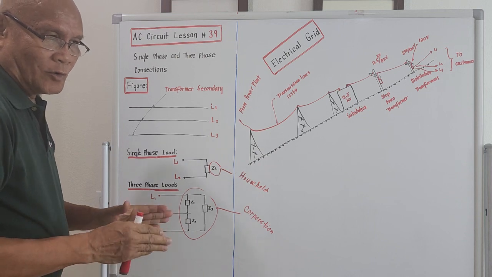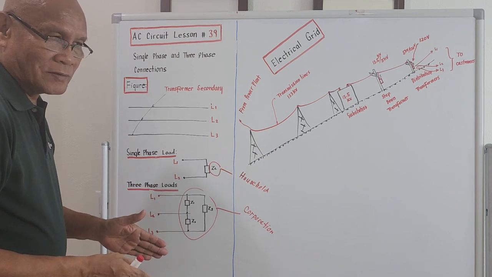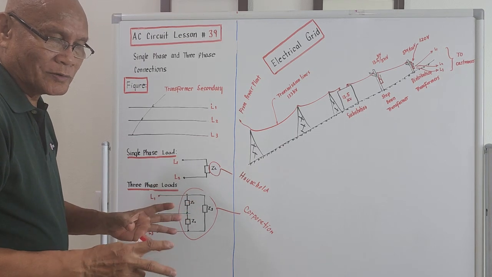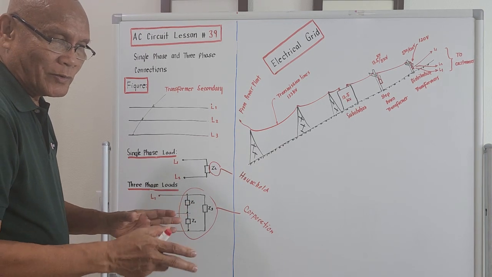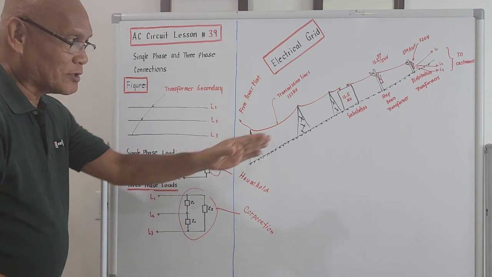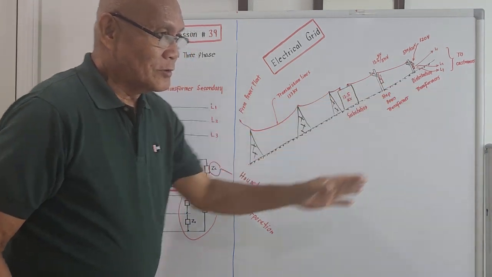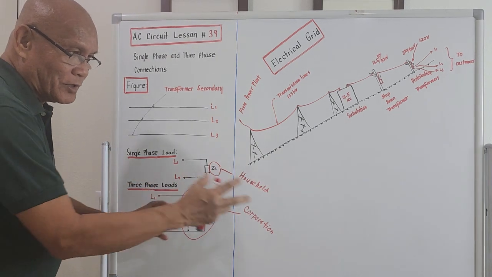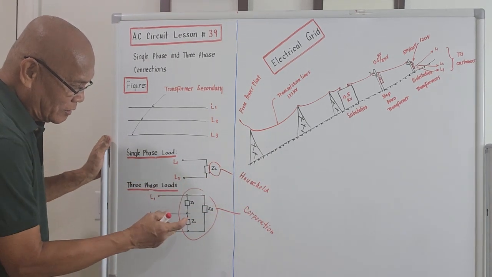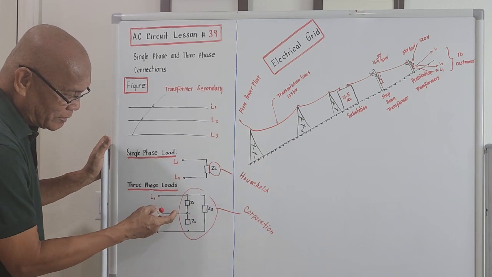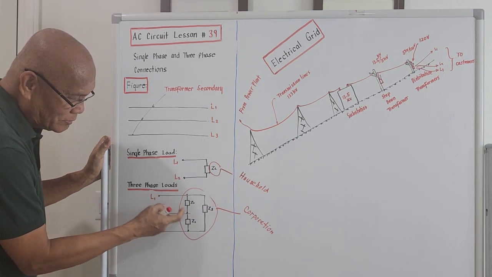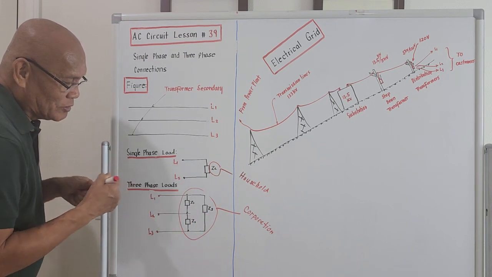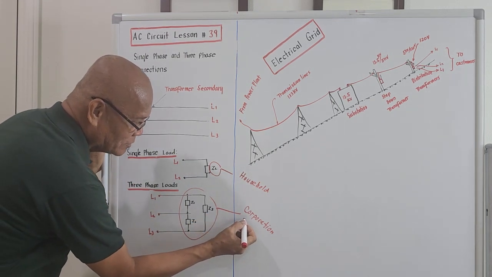The load for Amazon is large, so instead of just using a single phase load, Amazon will be connected as a three-phase load to the transformer. The load of Amazon will be segregated into three, meaning there should be C sub 1, C sub 2, and C sub 3. And these three loads should be balanced.